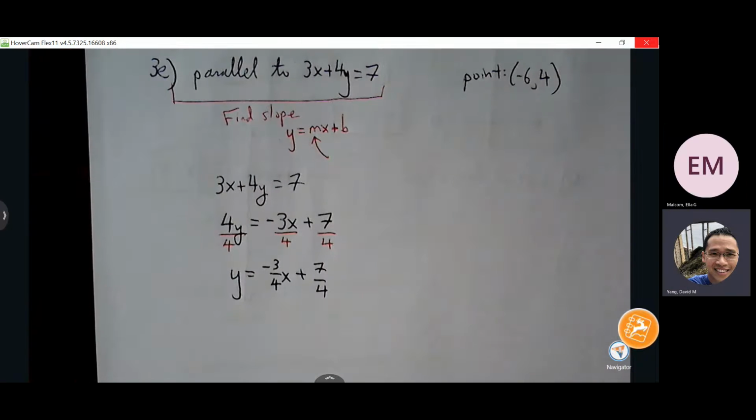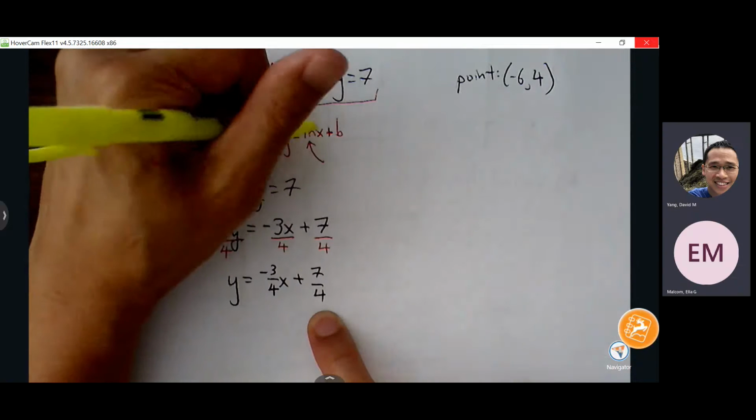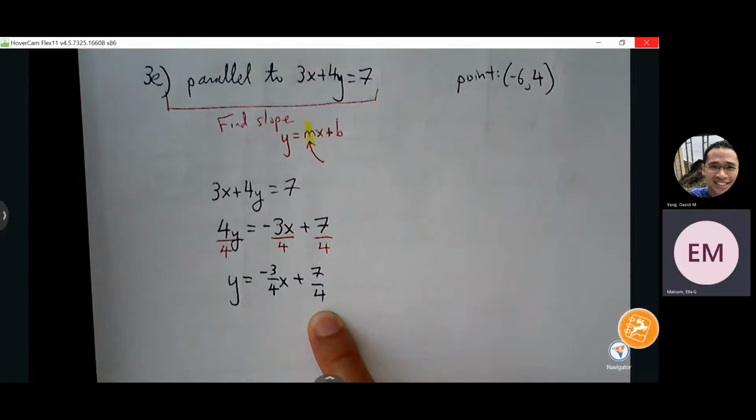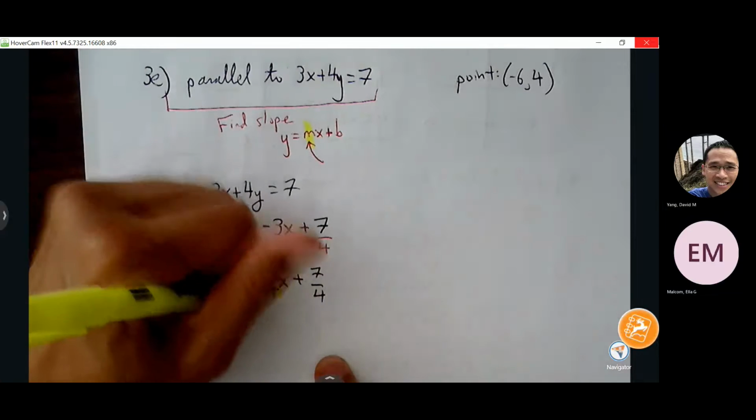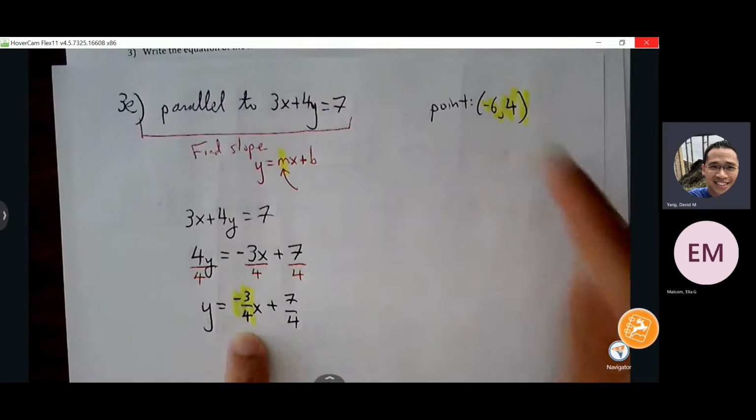All right, what do you notice? It's in the form. What's my slope? Slope is negative 3 over 4. Yeah, so now I have everything that I need.